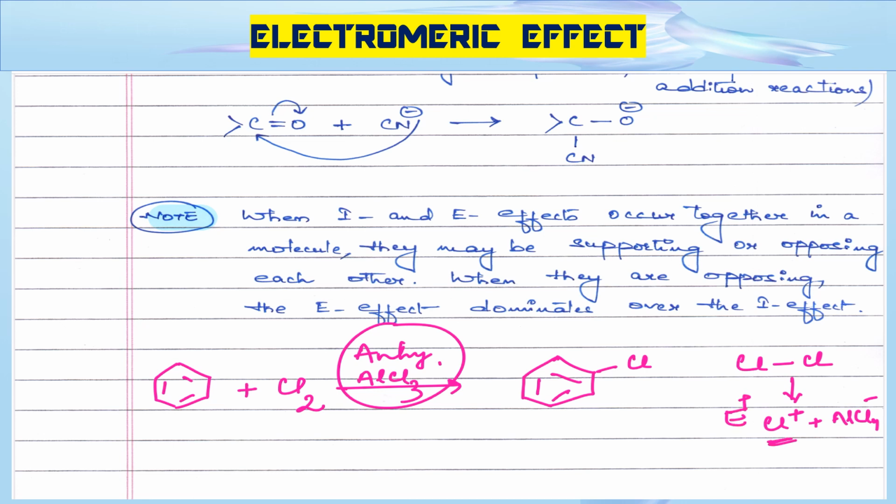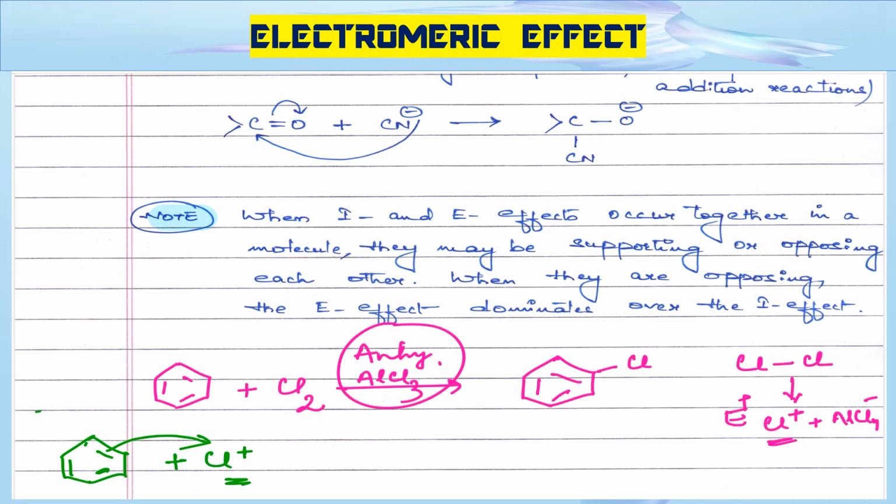So it reacts with the benzene, and you see how the electromeric effect will take place. When this happens, the pi electrons will shift towards the Cl+ ion because the Cl+ is in need of electrons. So the pi electrons will shift towards the Cl+ ion.